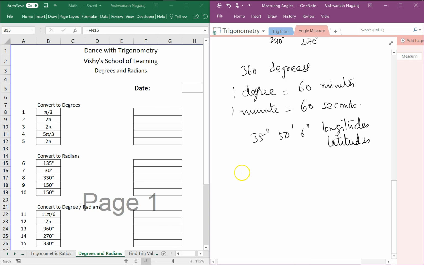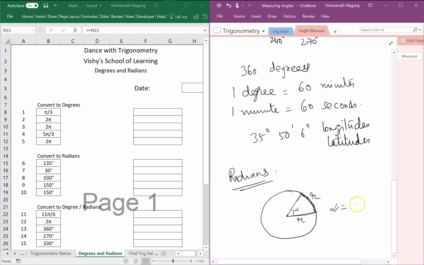The other way is using something called radians. Now what's a radian? If you look at a circle, it will have a radius. So let's say r. If we cover the radius distance on the circumference, the same distance r, then the angle formed is a radian.